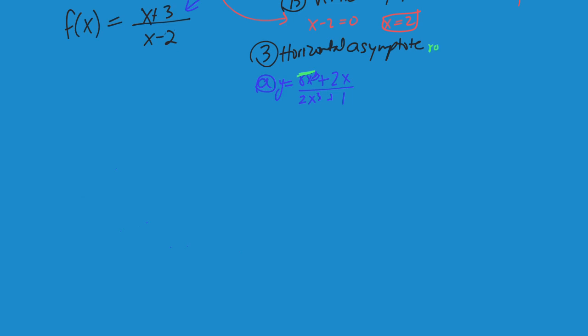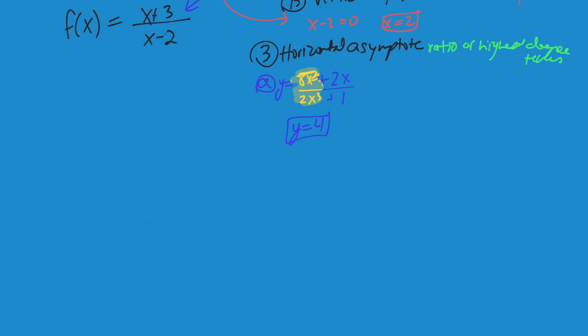So let's write this ratio of highest degree terms: 8x cubed over 2x cubed. So the ratio of those highest degree terms is going to be 8 divided by 2. So the horizontal asymptote would be y is equal to 4. You have to have the highest degree terms in the ratio, and they have to match.